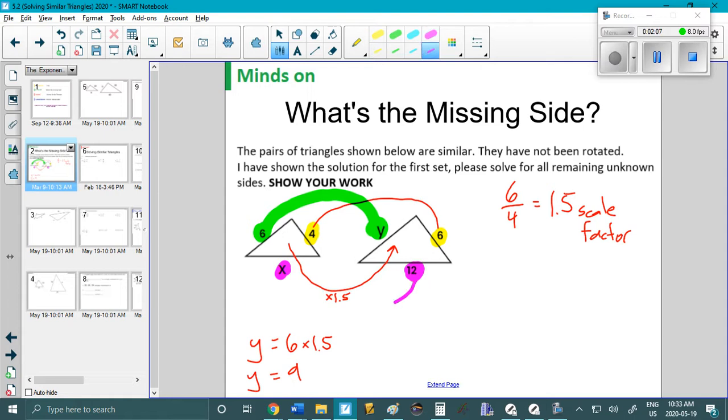So we need to figure out how to go the other way. And so if this way we multiply by 1.5, then to go the other way, we would divide by 1.5. So x equals 12 divided by 1.5. And I believe that would be 9.